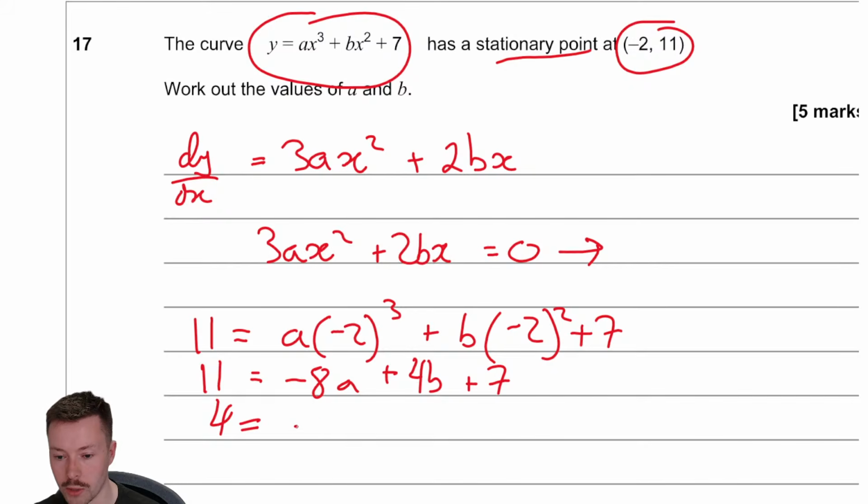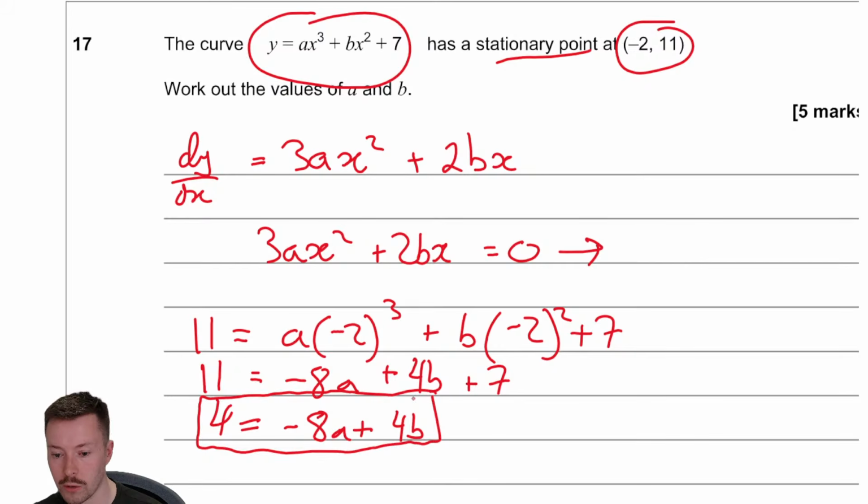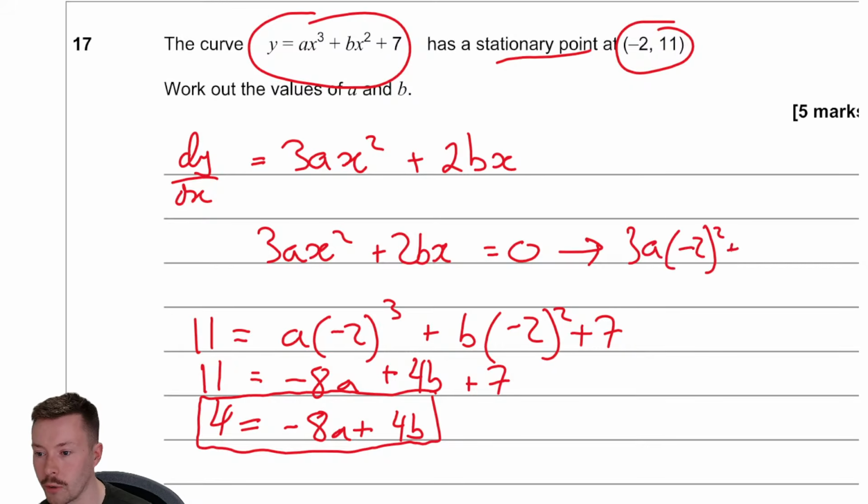We get 4 is equal to minus 8a plus 4b. Now that is the first equation we're going to use. And then in this one we're going to put in minus 2 because that's when it is 0. So 3a times minus 2 squared plus 2b lots of minus 2 is equal to 0.